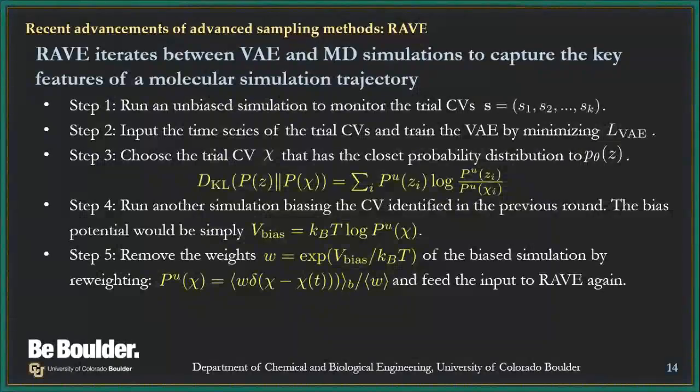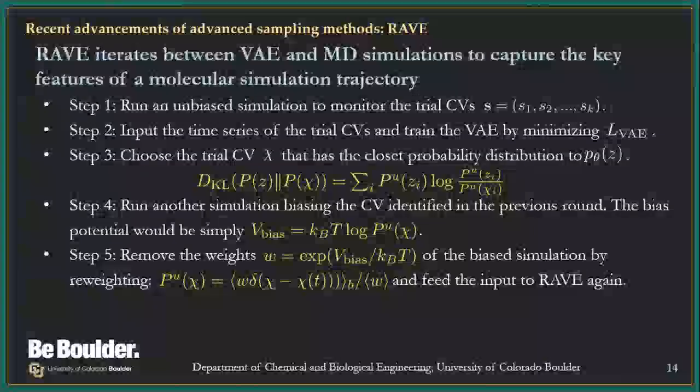I'm not sure if this is correct, but this is my assumption. To generate this set of candidate CVs, I imagine that we could just throw in a lot of CVs that either make sense to us or don't make sense to us, because the RAVE algorithm will just discard the garbage information.